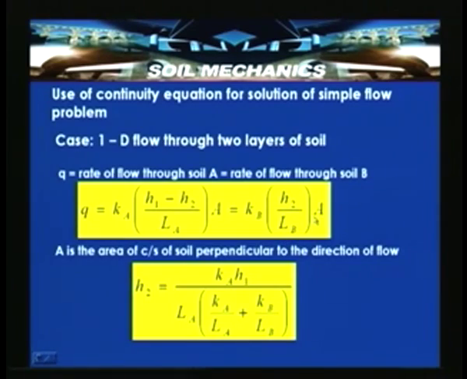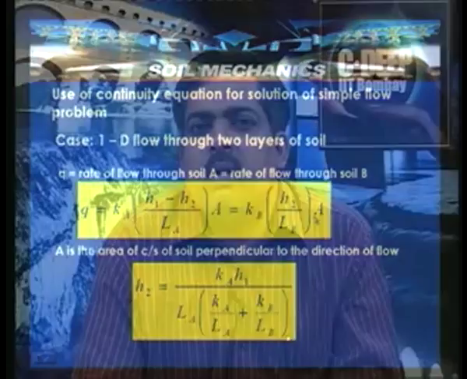Because at point 2 the head available is H2, and at point 1 the head available is H1. So H1 minus H2 is the total loss occurring between points 1 and 2. The hydraulic gradient in this case is (H1 minus H2) by LA, and Ka is the coefficient of permeability for soil A in the x direction, and A is the area of cross section.